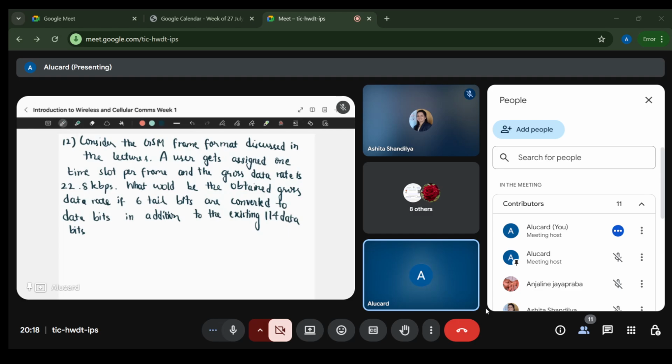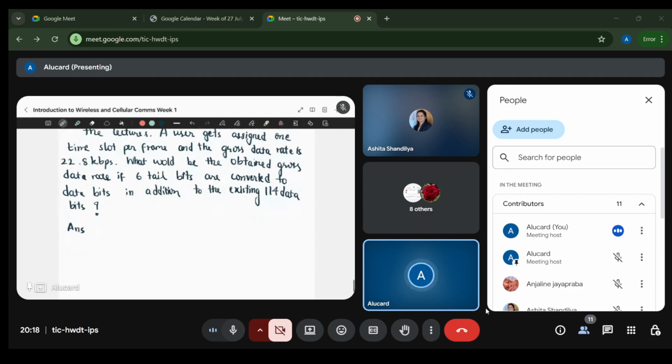Now we are saying six of the tail bits will be converted to data bits. In this situation, what will be the gross data rate?